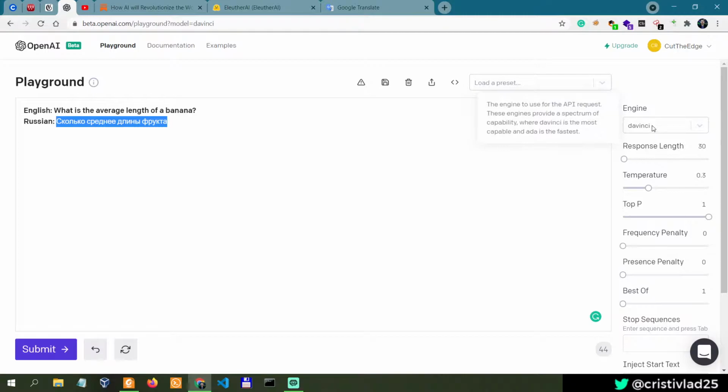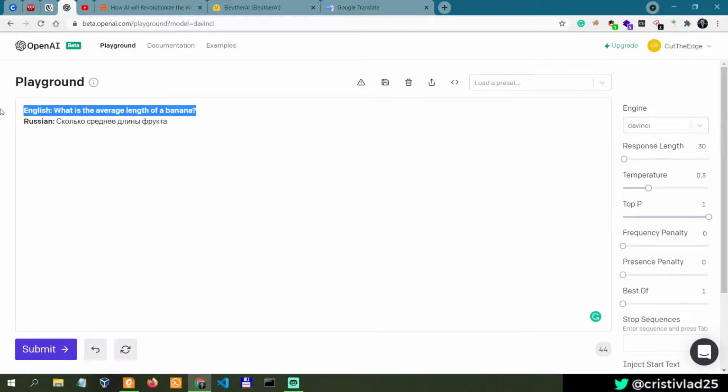The DaVinci is the most powerful and probably the most expensive engine of GPT-3. So yeah, this is zero-shot learning. This is not even few-shot learning. Maybe one-shot learning, because you're saying, I mean, is this zero-shot or one-shot?